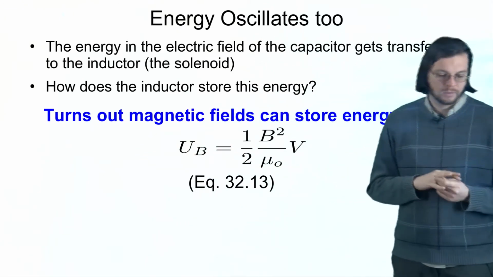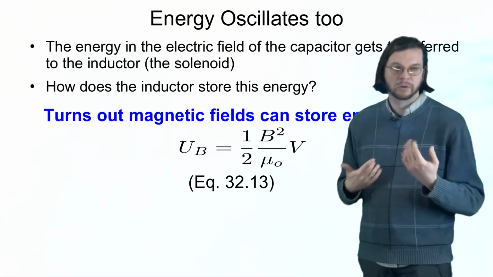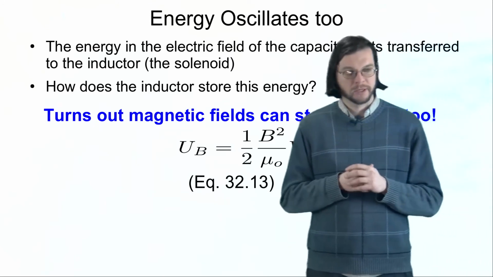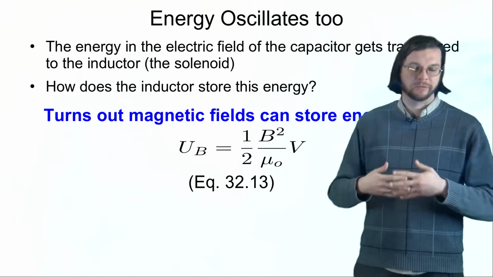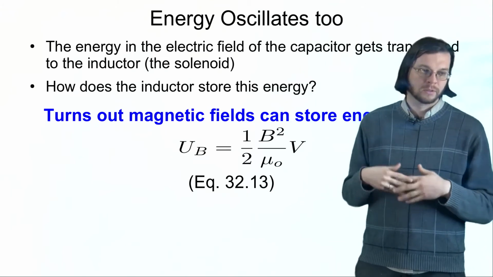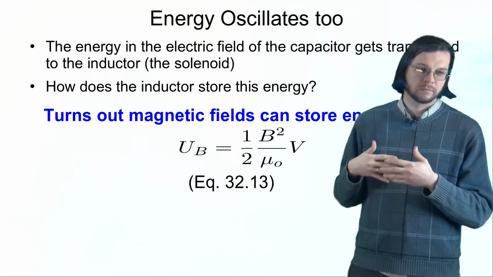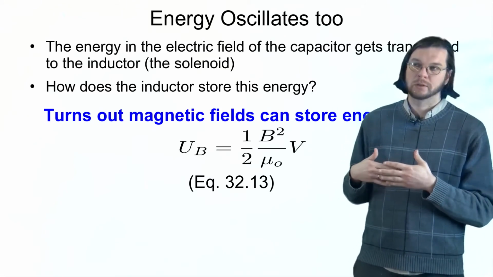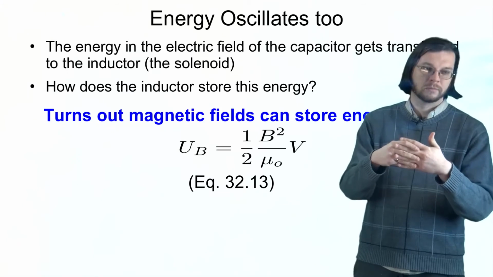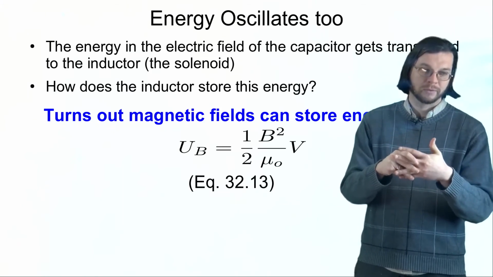And later on in this course, this will turn out to be crucial for just the idea of electromagnetic radiation, the idea of having fluctuations in electric field and having energy associated with that, and then storing that in fluctuations in the magnetic field and vice versa.